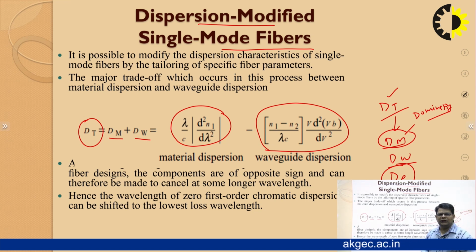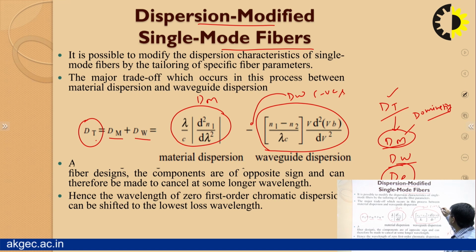From this we get an interesting fact: the total dispersion depends upon material dispersion and waveguide dispersion, and we clearly see that the waveguide dispersion has a negative sign.